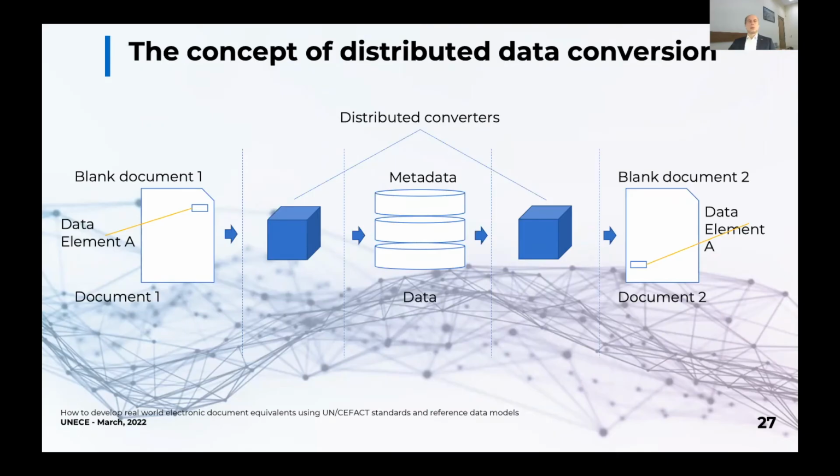Another approach that echoes the UNECE initiatives is the concept of distributed conversion. In the case of the RDM2 API project, it is supposed to create a centralized repository of requirements and descriptions of the relationship between the data model and the API, or subject areas, created and maintained by UNECE experts.